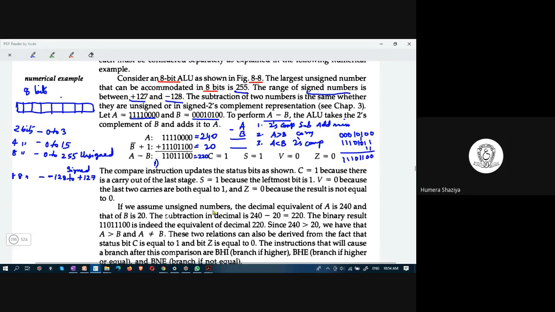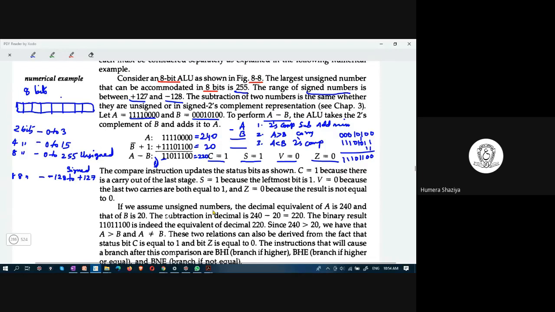So we are studying the condition bits. To understand the condition bits, we have taken this example. What are the condition bits? There are four: carry, sign, overflow, zero. Here there is a carry, so C equals 1. This last bit is known as the high order bit.